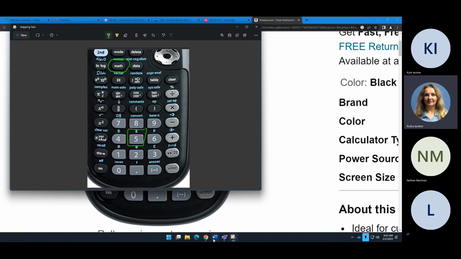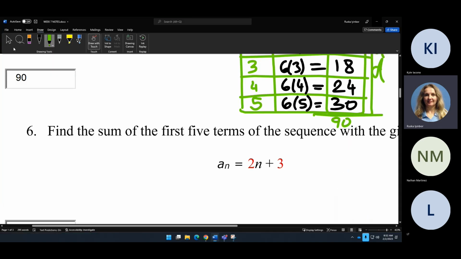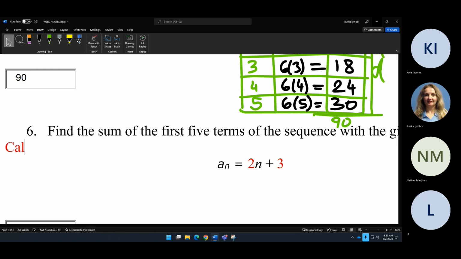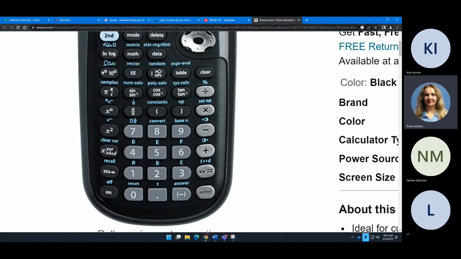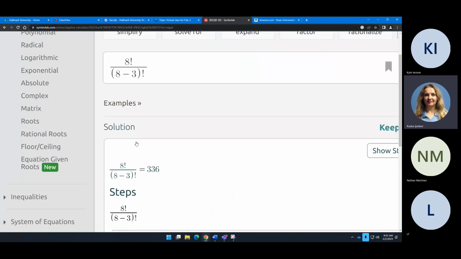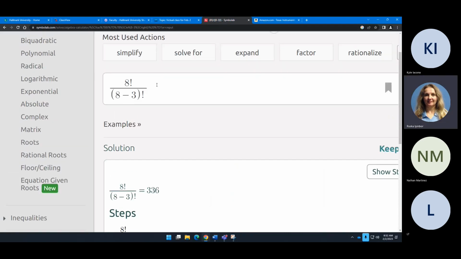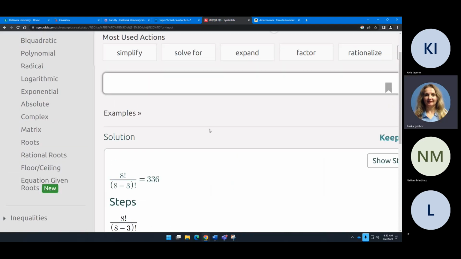So math and 5, I'm gonna put notes here for the calculator. You press math and then you press 5, and then you enter it. You're gonna see the sigma. Everybody see the sigma? I'm gonna show in the Symbol app also, it has that option. So this is what you should see.